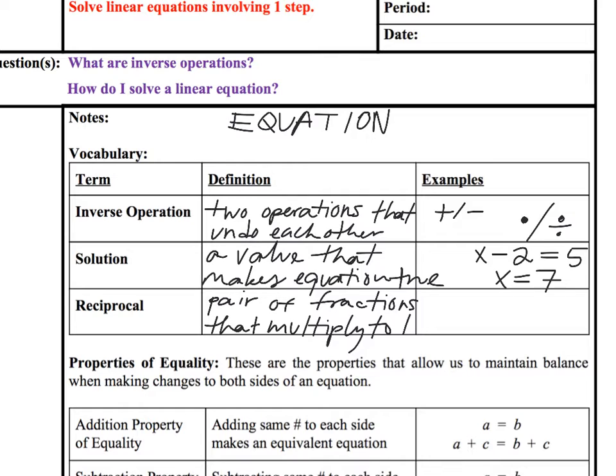So an example would be 2/3 and 3/2. It's just a flip around version of it. And so in math we call that a reciprocal. Flip it upside down, reciprocal.